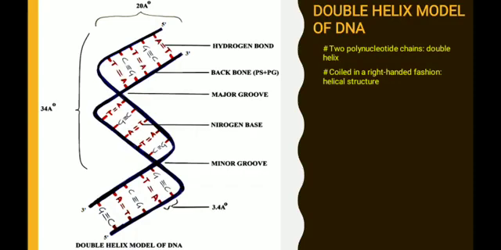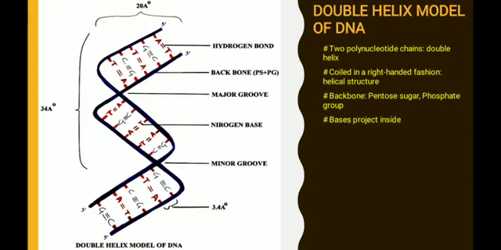As I told earlier, there are two polynucleotide strands, and these strands form the backbone. A polynucleotide chain consists of three important chemical components: phosphate group, pentose sugar, and nitrogenous bases. But the backbone is specifically made up of pentose sugar and the phosphate group.